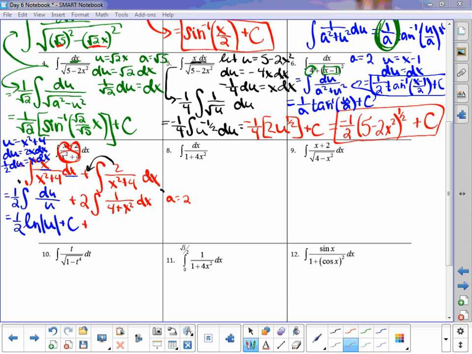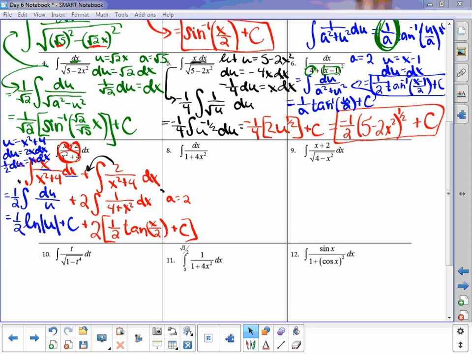All right, so you guys said this was inverse tangent, right? Don't forget your coefficient. The antiderivative of inverse tangent is 1 over a inverse tangent of argument over a. Questions on what I did there in red?